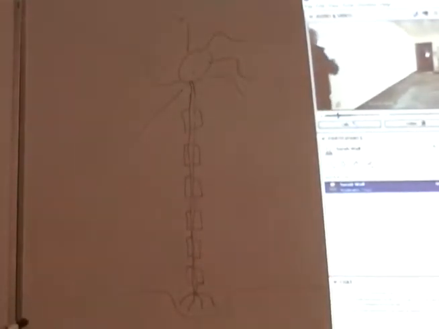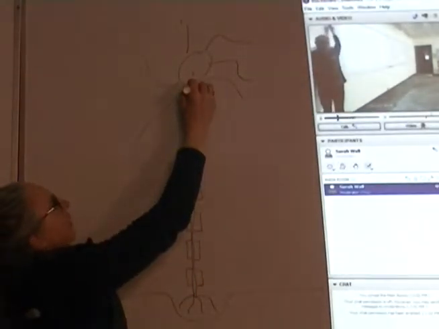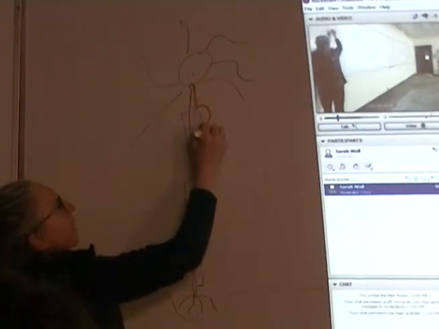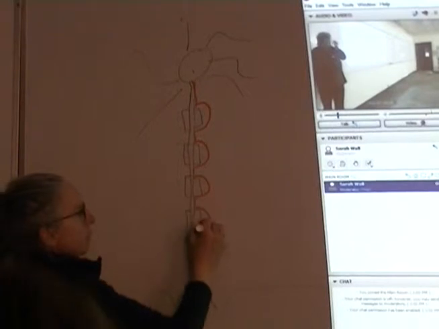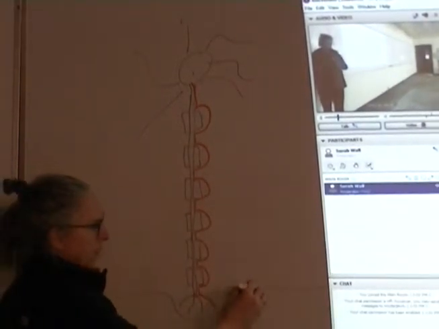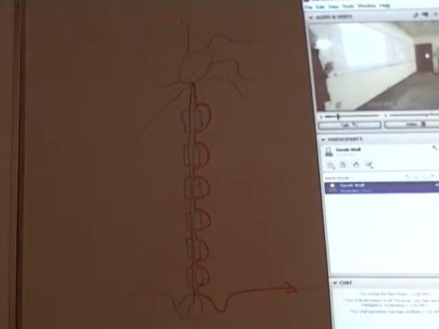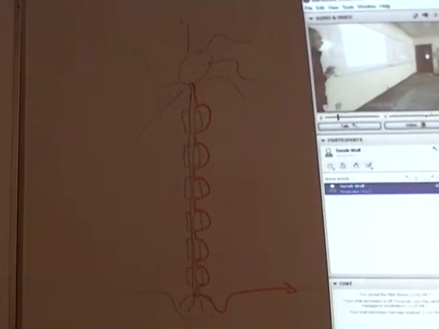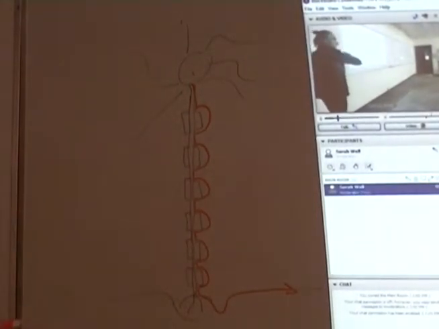And now what happens is that the impulse comes down here, jumps that piece, comes down here, jumps that piece, comes down here, jumps that piece. All right, it's called saltatory conduction. And by jumping these big pieces, that speeds it up a lot.